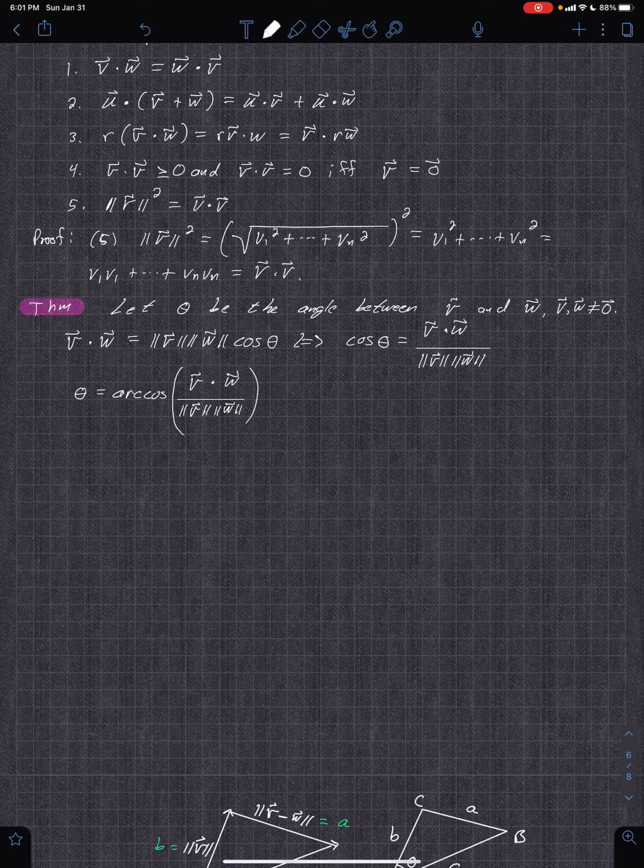Another result of this is we know that cosine is between -1 and 1. So that means that V dot W over the magnitudes is also between -1 and 1.